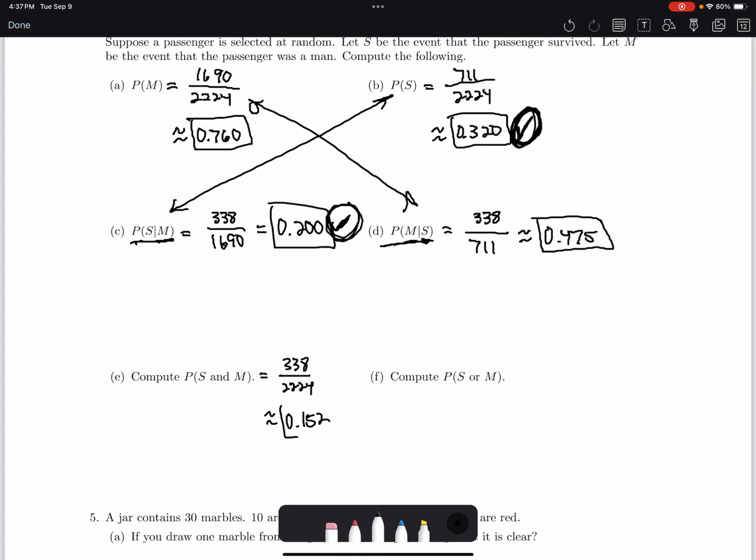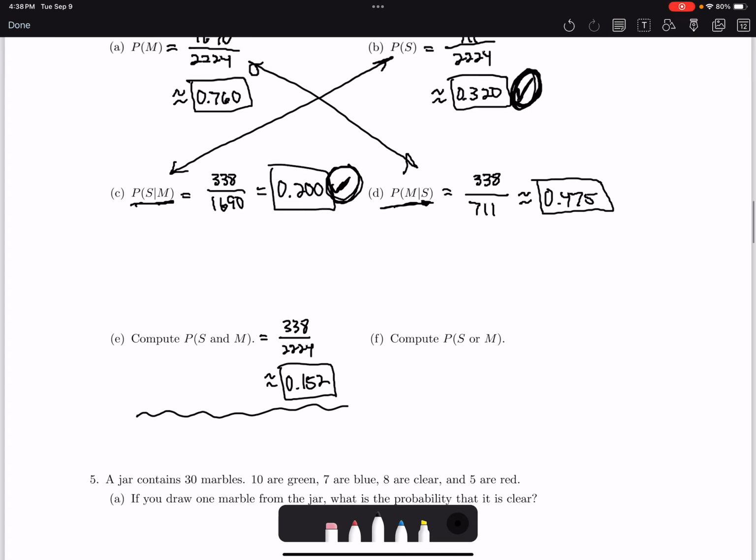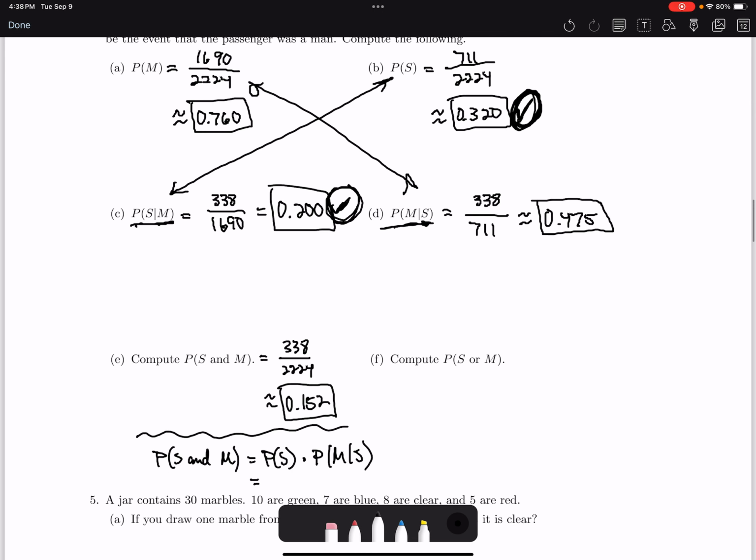0.152. Now, by the way, I failed to mention this in the previous example, but we do have a formula for this as well, right? Probability of S and M is the probability of S times the probability of M given S. So if you like the formula, you can use the formula. Probability of S, we said earlier, was 711 out of 2224.